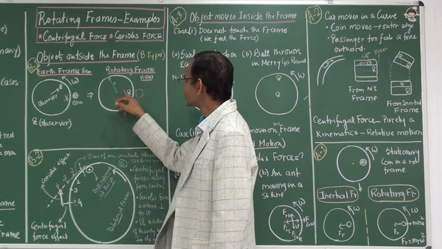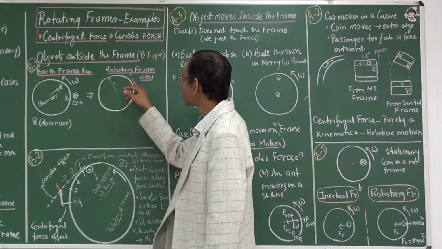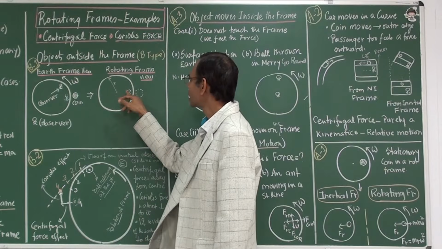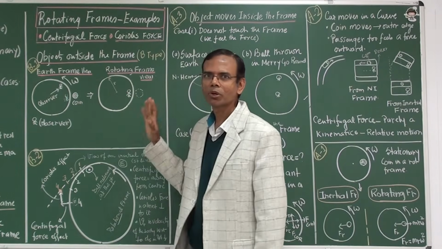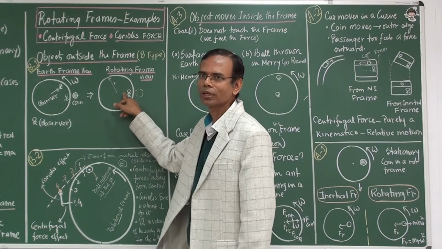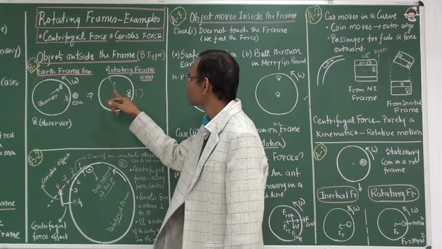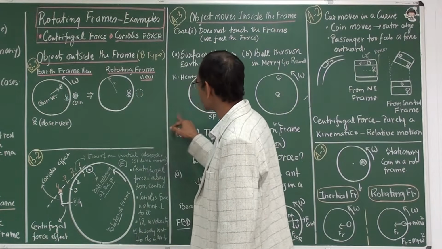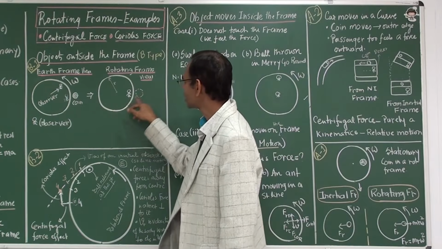So in this frame, the rotating frame view, the frame of the observer is at rest, because he will see at rest. So suppose we make him rest over here. Now, towards the right, that means he will not see it moving like this, but he will see it moving like this.